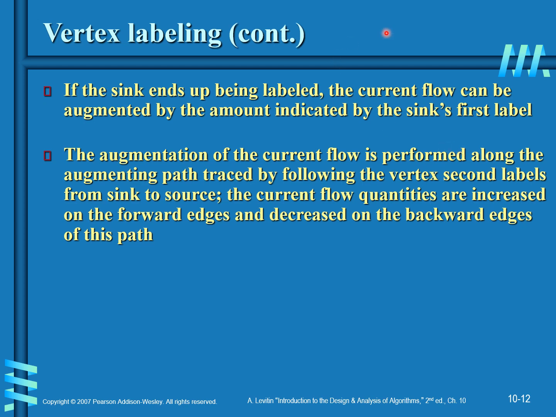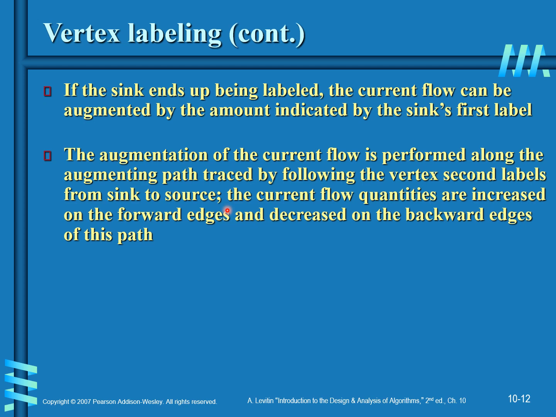How much flow has to be adjusted on that shortest augmenting path is the amount indicated by the sink's first label. How to adjust the flow: the augmentation of the current flow is performed along the augmenting path traced by following the vertices' second labels from sink to source.